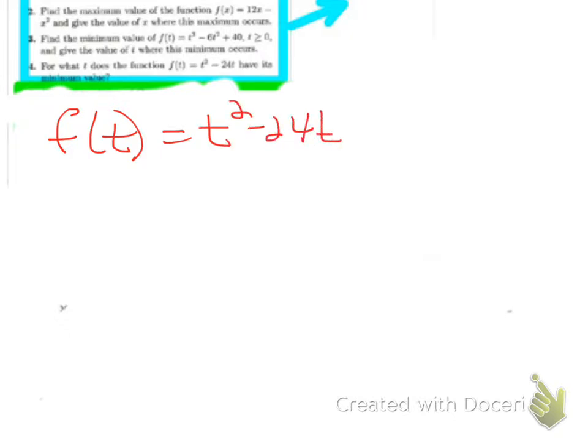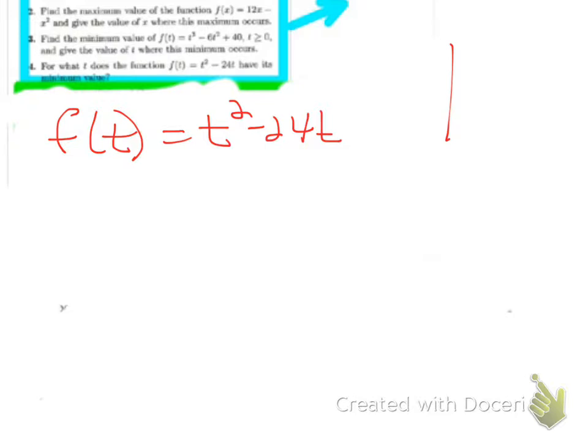Okay, question number 4 says, for what t does the function, and let me start writing this down, f of t equals t squared minus 24t have its minimum value. Okay, so I know from looking at this function that it is going to be upward facing.